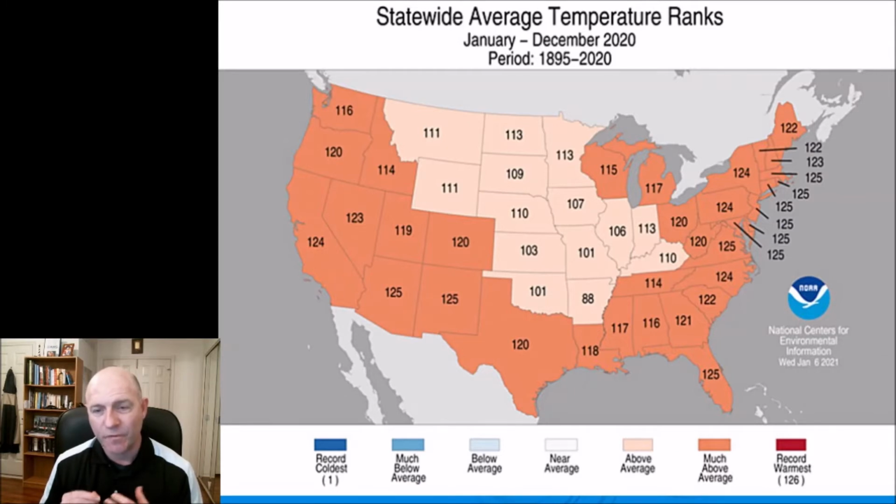So for this particular example, the average temperature was taken for the entire 20th century. And then we looked at what the temperature was from 2020 and compared 2020 to the long-term average from 1901 to 2000. So that shows that Virginia there, 125, was the second warmest year on record. One by convention in this map is the coldest. 126 by convention is the warmest of the 126 years in the period of record.